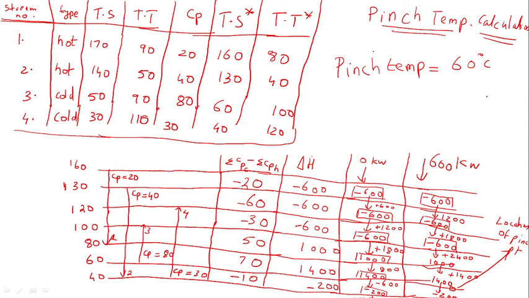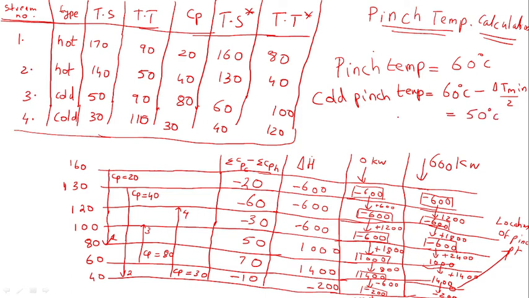In case of cold pinch, the cold pinch temperature is 60 degrees Celsius minus delta T min by 2, which is equal to 50 degrees Celsius.